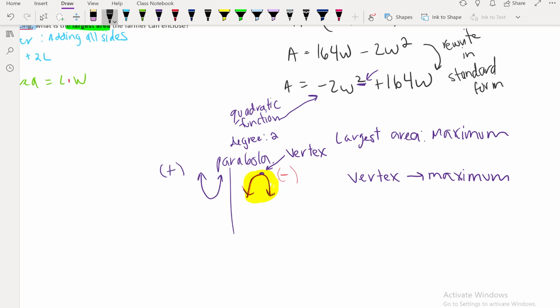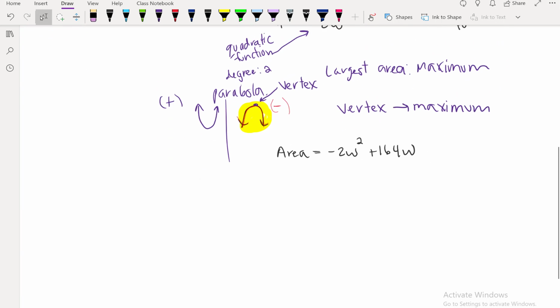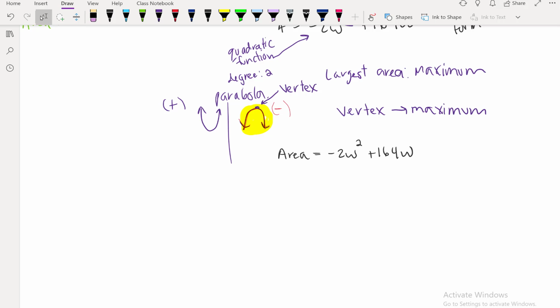So remember that I have that my area is equal to a negative 2W squared plus 164W. So to find the maximum of this, I want to plug it into my equation to find the vertex.